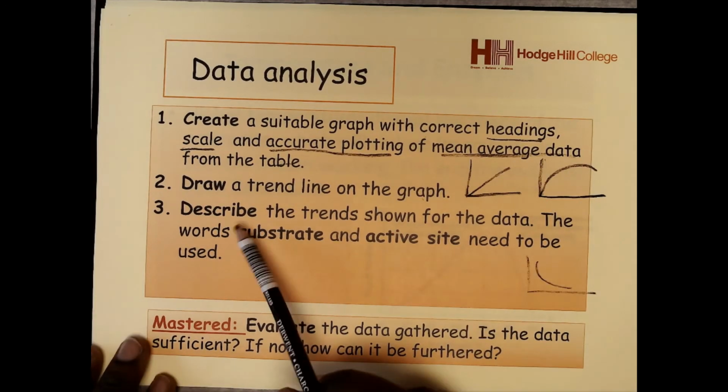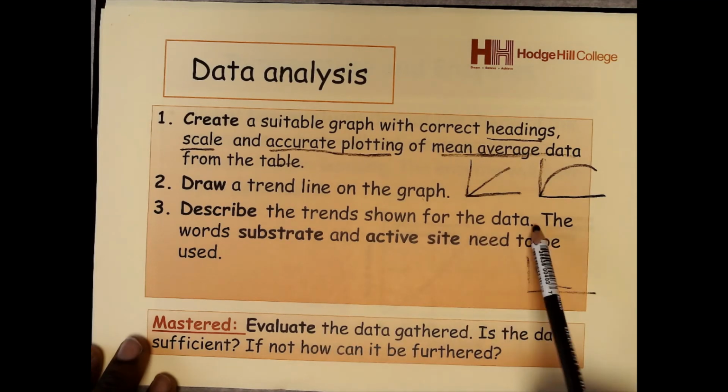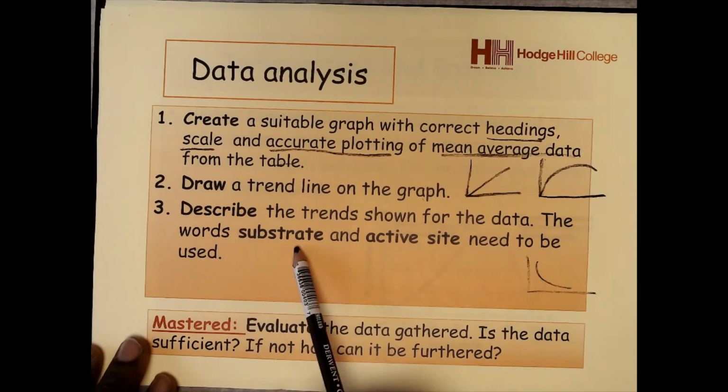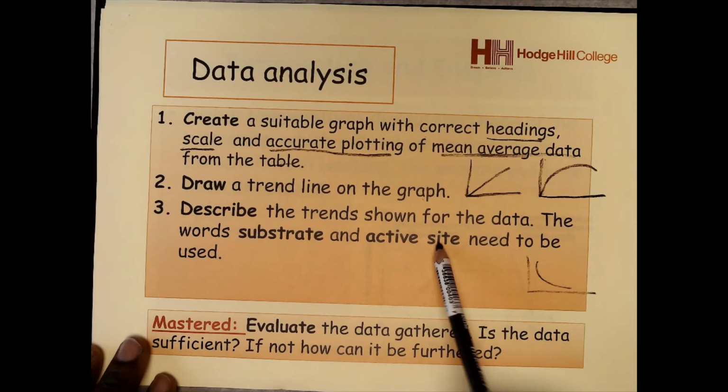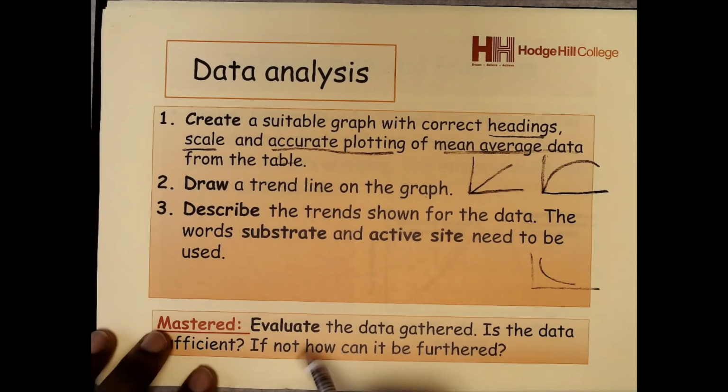The next thing is that you need to be able to describe the trends shown for the data. And in our experiment, we want you to be able to use the words substrate and active site. We would have looked at some aspects of substrate and active sites in lesson.